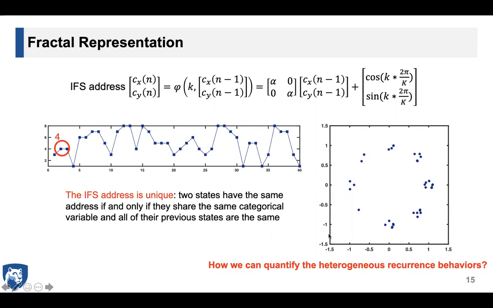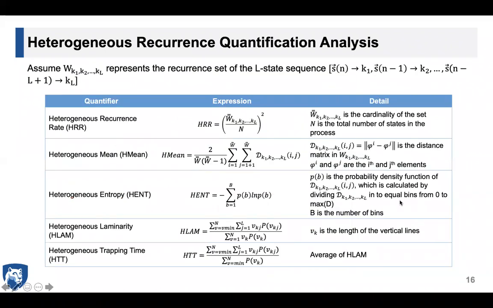After we represent the signal in this way, the next question is how we are going to quantify it, how we are going to change this plot into numbers. So in the last step, we extend the traditional recurrence quantification, which tries to quantify the homogeneous recurrence behavior in the system, to heterogeneous recurrence quantification.